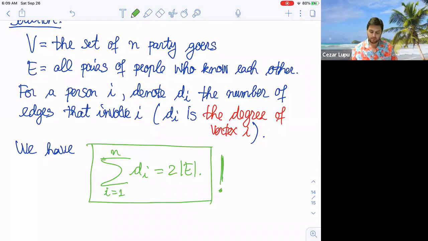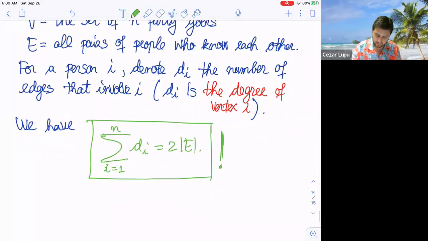That's exactly what it says, basically. But if there were an odd number of vertices with odd degree, the sum would be odd. So there are indeed an even number of people who know an odd number of people. That's the problem, basically. It's just this formula.